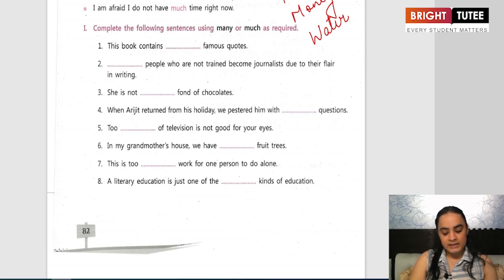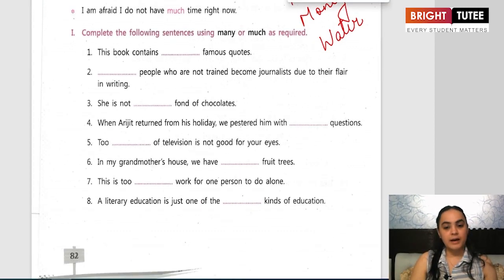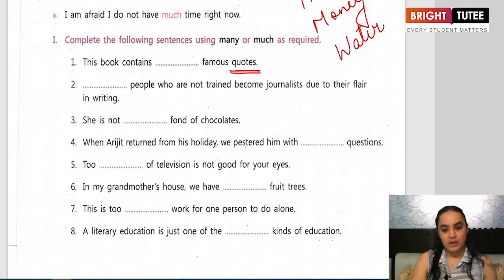This book contains dash famous quotes. What are we talking about? We are talking about the famous quotes that the book has. Quotes, quotations, we can count them. The singular is quote, the plural is quotes. So we have the plural form, very easy, we write many.